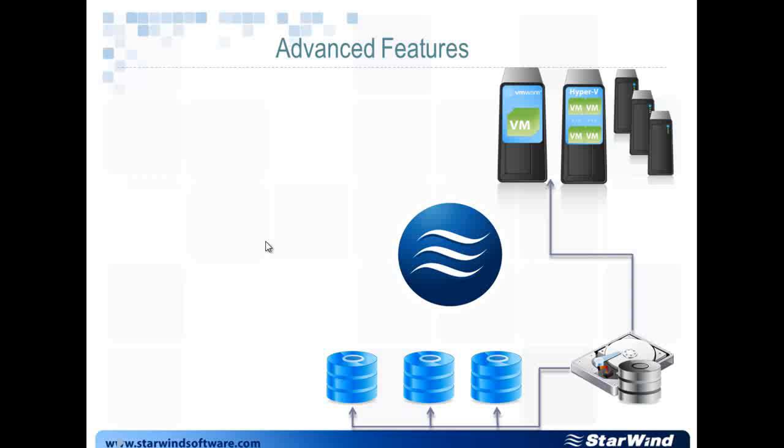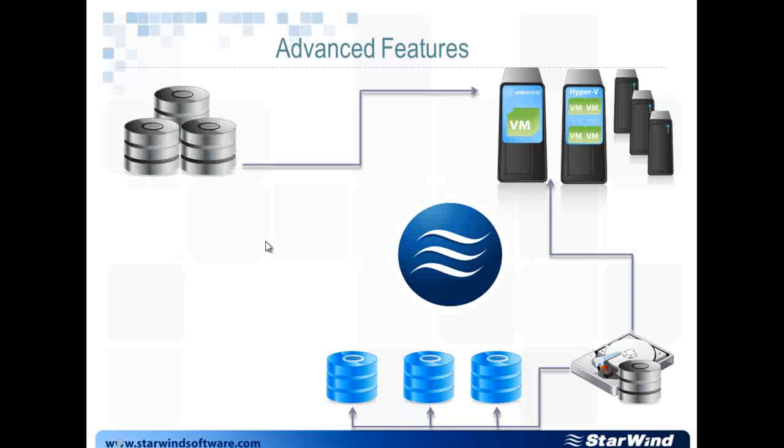Among our advanced features, you can find mirroring. What is it? Briefly, you have two VHDs. One is serving to store the data and simultaneously replicating the data to the remote storage server that can be located not only in the same building but in another city.